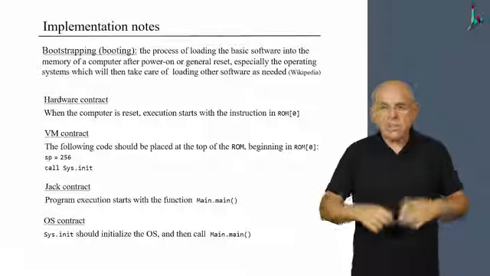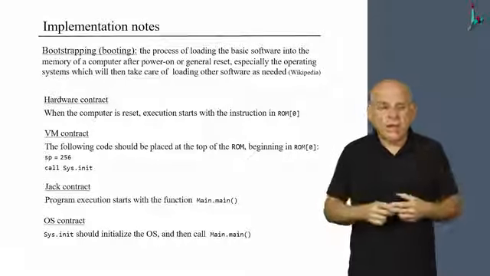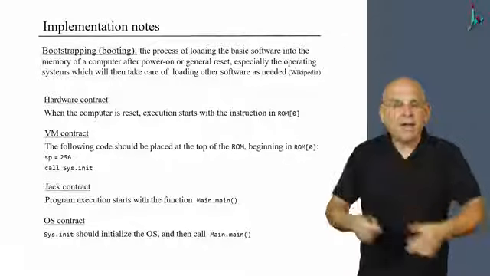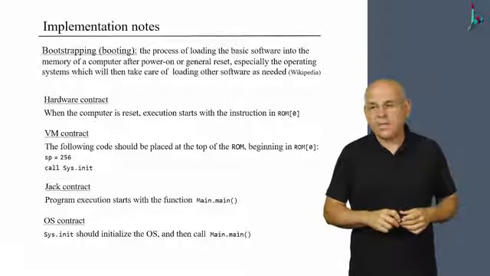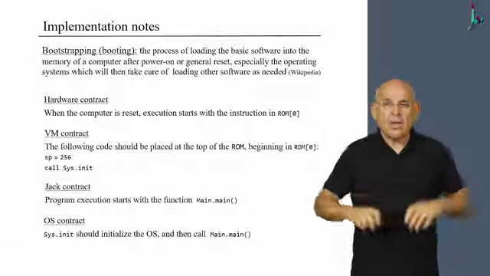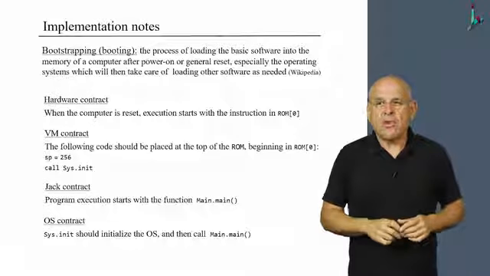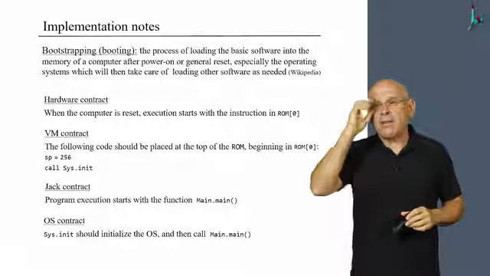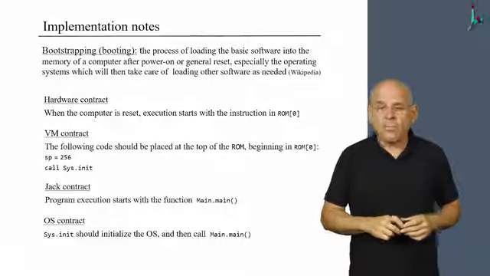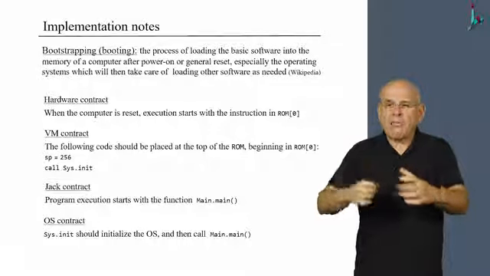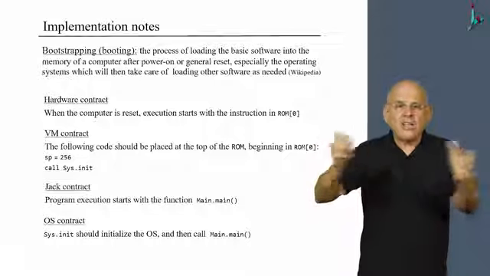And by doing so, Sys.init achieves two objectives. First of all, it sets up the OS, and second of all, it fires up the application that the user wanted to run. So, if you take all these contracts together, you get how we implement the bootstrapping logic on our computer. And it's kind of intriguing that these contracts have to be fulfilled by very different agents, if you will.